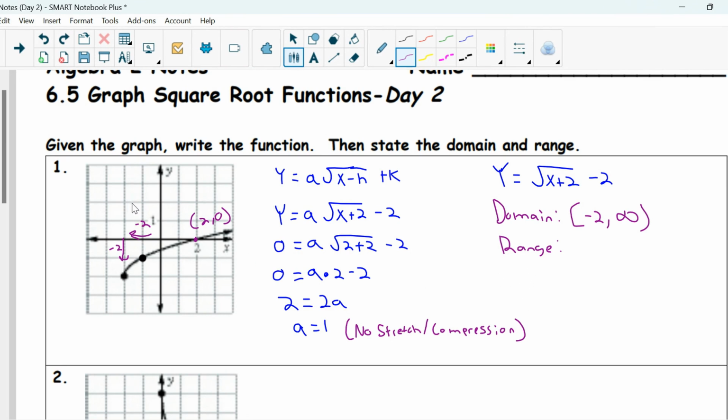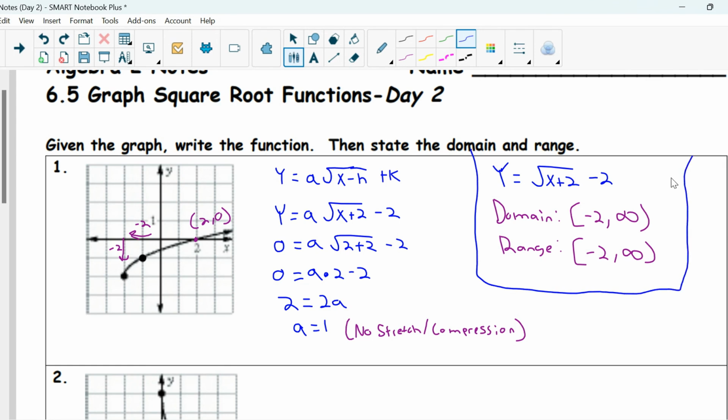And same goes with y. The lowest value I can have for y is at -2, and the greatest is infinity. So those would be my final answers right there.